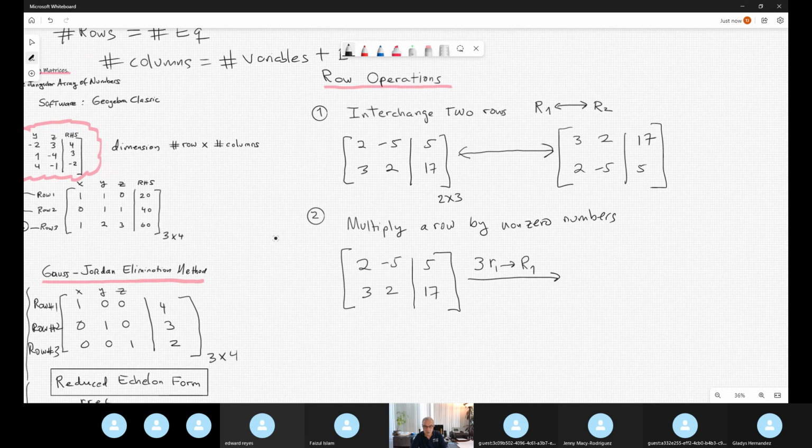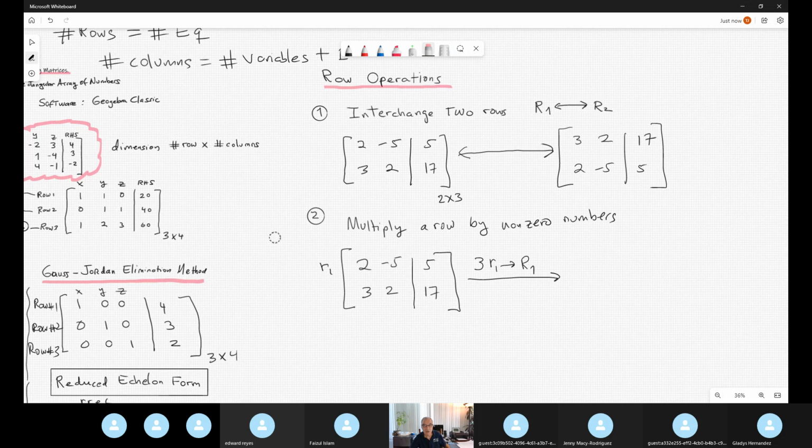So I introduce this notation. It's important to understand the row operation. Little r1 is row 1, and capital R1 is the same row 1, but after the multiplication. Little r is the given row, capital R is the new row that you obtain after the operation.